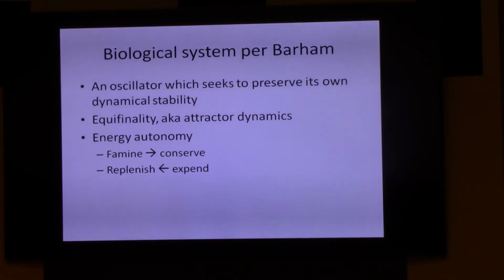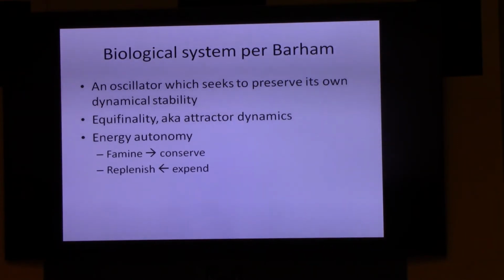If there is an example, it is, in a famine, if there's a relative famine of an energy source, the organism can in some way sense that and choose to conserve its energy so as to not be depleted.